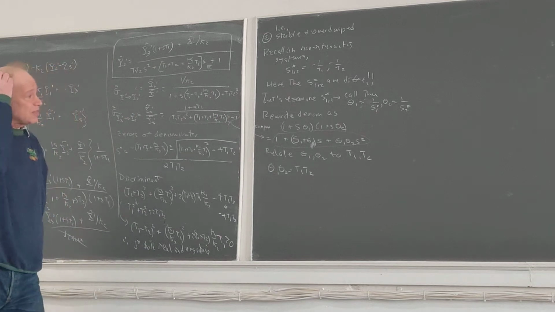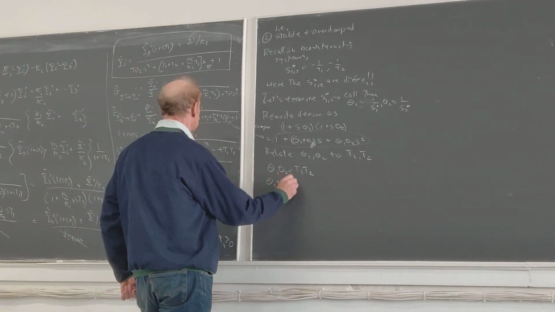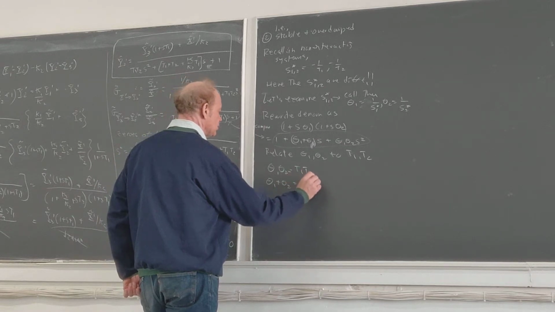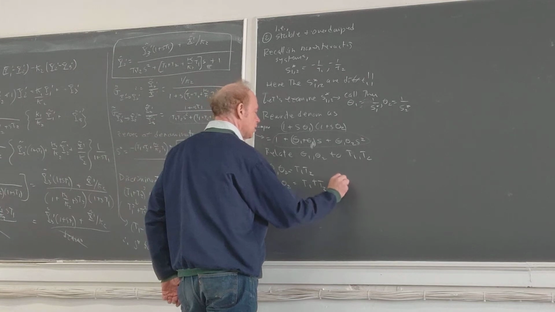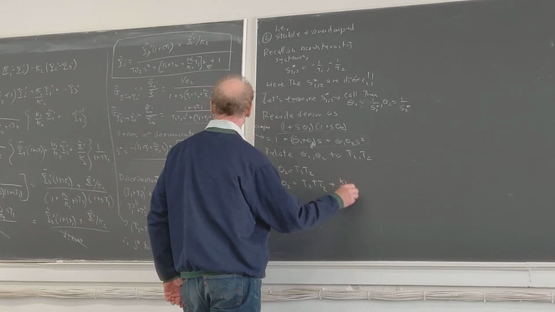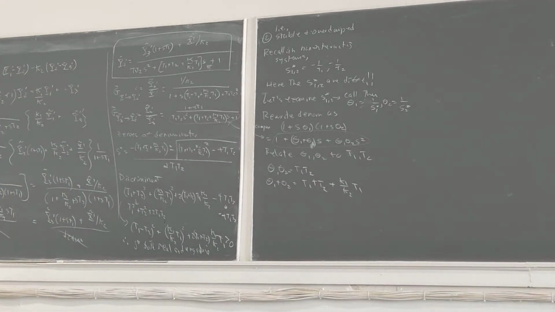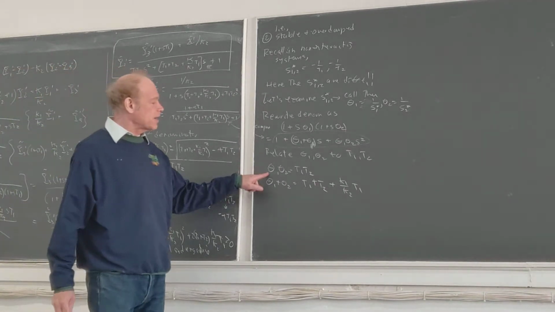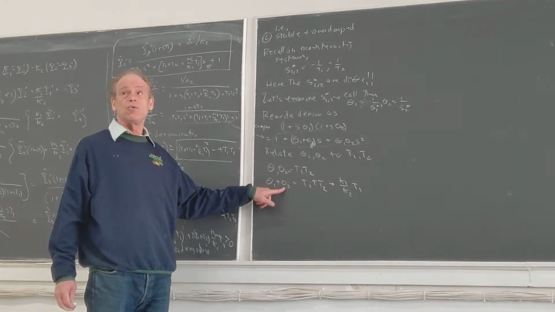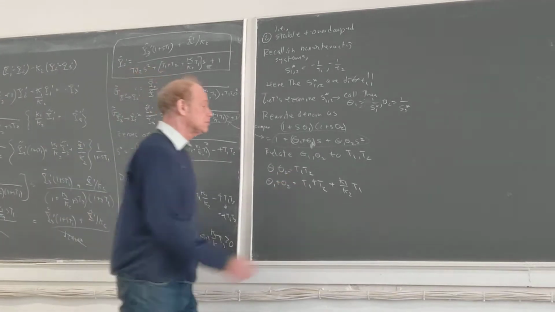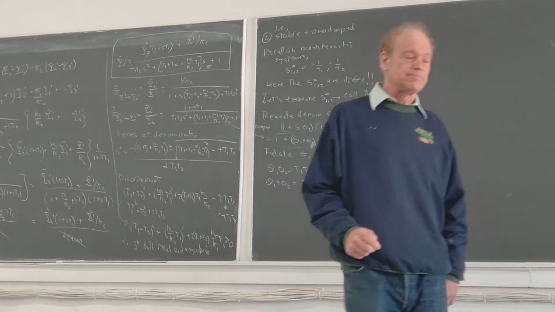But I also have that theta 1 plus theta 2 is equal to T1 plus T2 plus K1 over K2 times T1. So let's notice that the product is the same, but the sum of theta 1 and theta 2 is bigger. So let's see what that says.